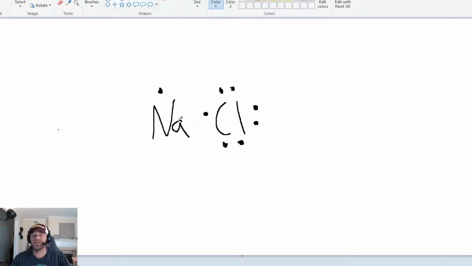It would really like to get to 0. I have a chlorine here with a 7, and it would really like to get to 8 valence electrons. So what ends up happening is the sodium will actually give the chlorine this electron. They'll hold very tightly together, but they do not share the electrons.